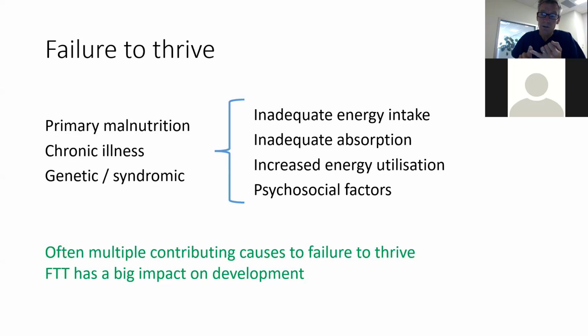So think about, could it be primary malnutrition? Could it be a chronic illness or an acute illness that's not been adequately treated? Or could the child have some genetic or syndromic cause?